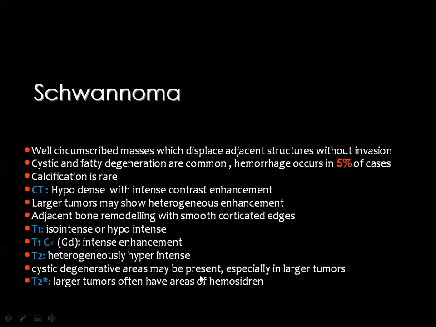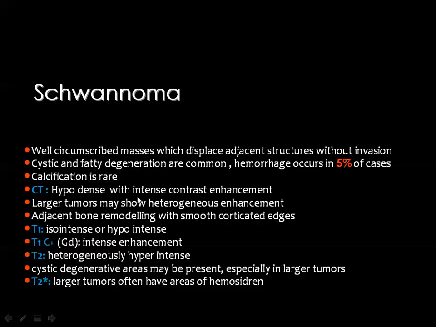And this is in contradistinction to the neurofibroma, which circumferentially involves the nerve. The schwannoma is a well circumscribed mass displacing the adjacent structures without invasion. The cystic changes are common, and this is also one of the differentiating points between schwannoma and the neurofibroma. Hemorrhage occurs in about 5% of the cases, and calcium is rare in both schwannoma and the neurofibroma.